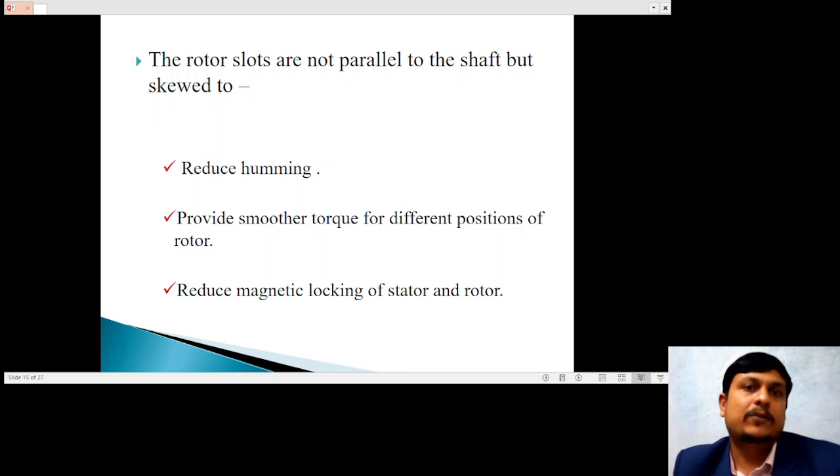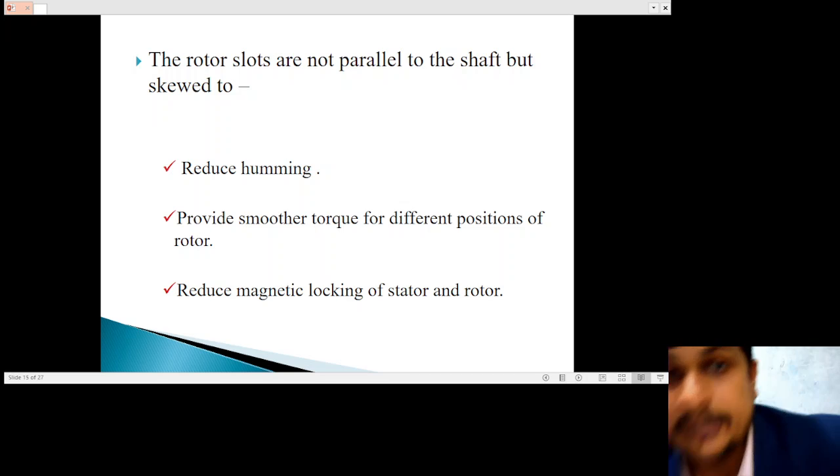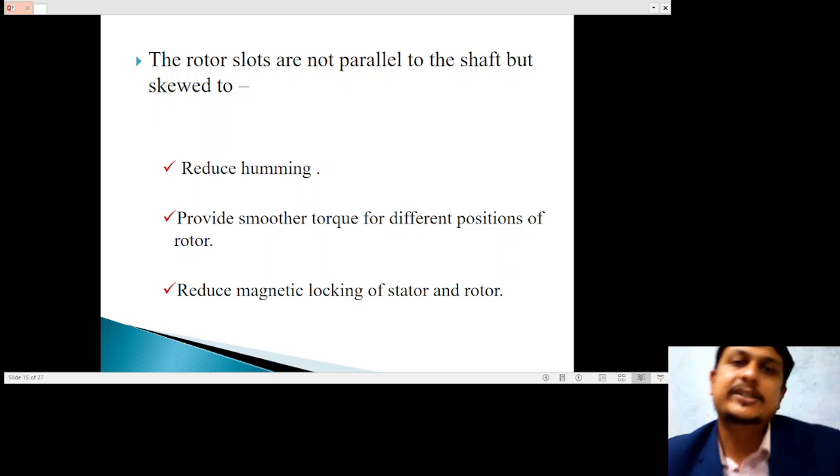So yes, what we were observing in previous slides is that the rotor slots are not parallel to the shaft but askew. What are the advantages of such an arrangement? First advantage, you reduce humming noise. What is humming noise? When the motor is running, there is noise coming, and that is called humming noise.